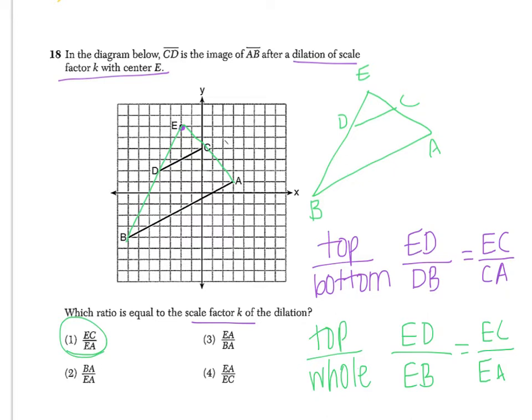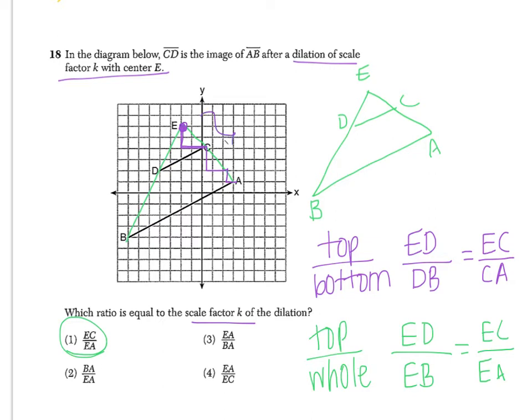Again, if we think about ratios and dilating from a center other than the origin, connecting helps you figure out the ratio of the scale factor. First, we took E and brought it to C, so down 2 over 2. But then we did that several more times in order to get to A. So here it looks like we did down 2 over 2, down 2 over 2, and then we went down 1 over 1.